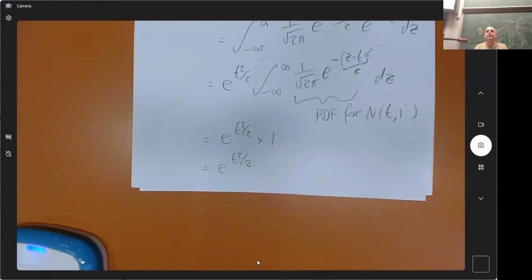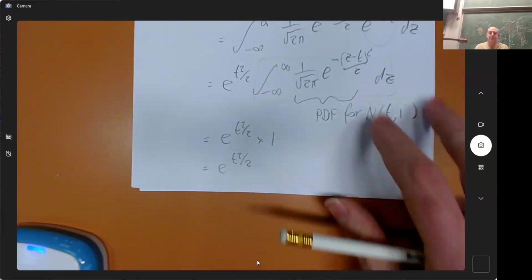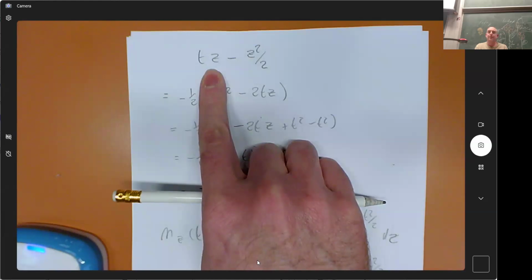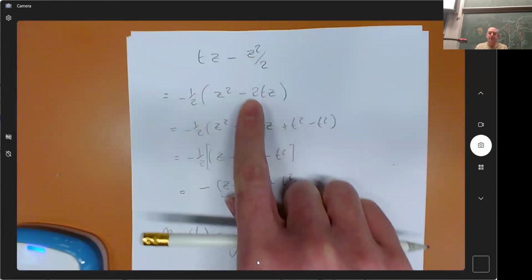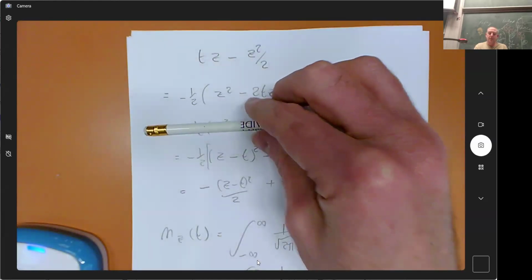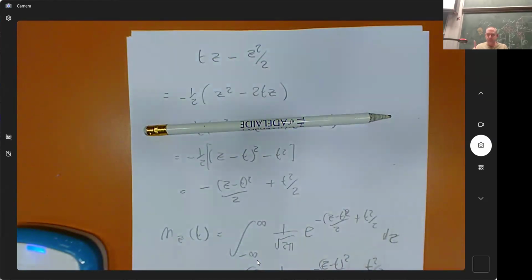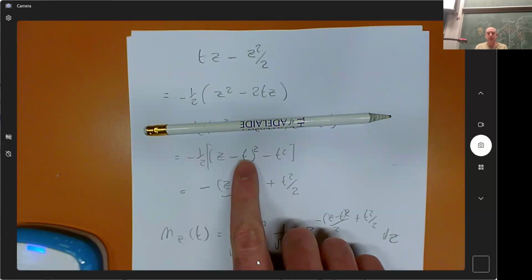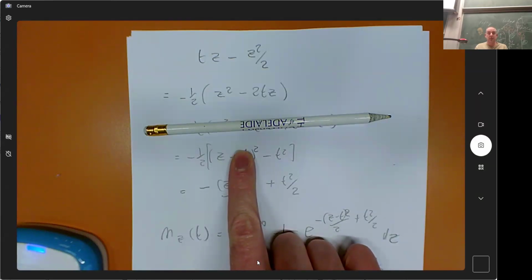From here to here. Yep. So when you complete the square, your goal is to write something like this, right? Z plus or minus something squared.